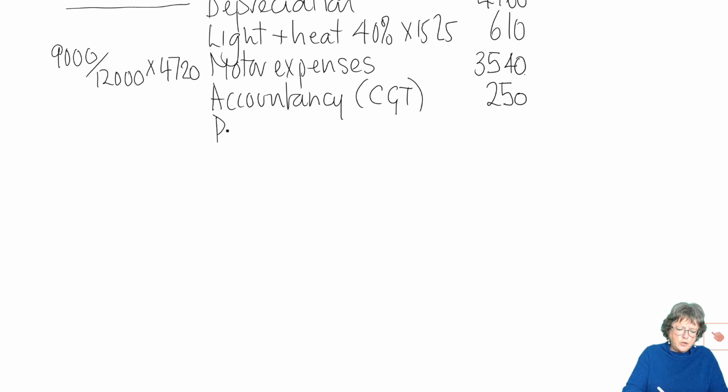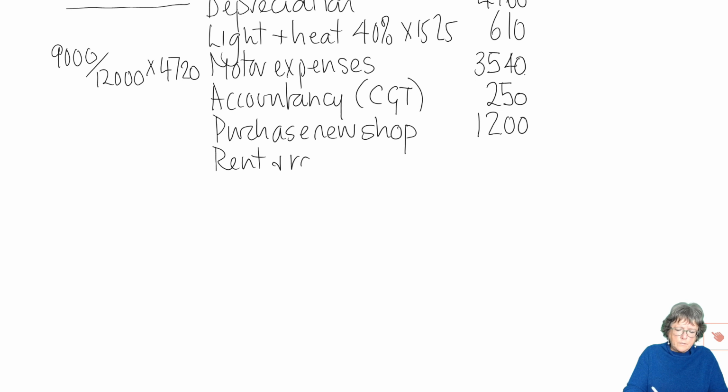Purchase of the new shop. There's £1,200 there to do with the fees. Rent and rates. Again, 40% of this because he lives in the flat upstairs.